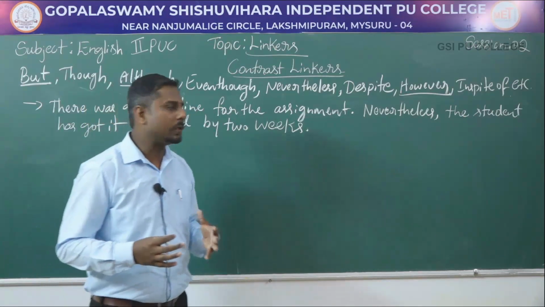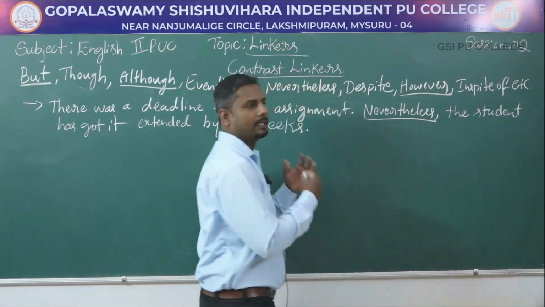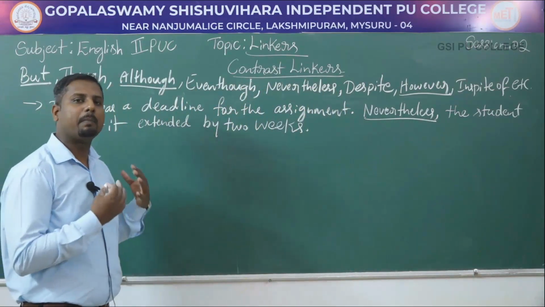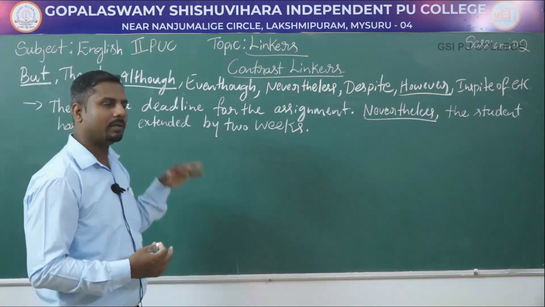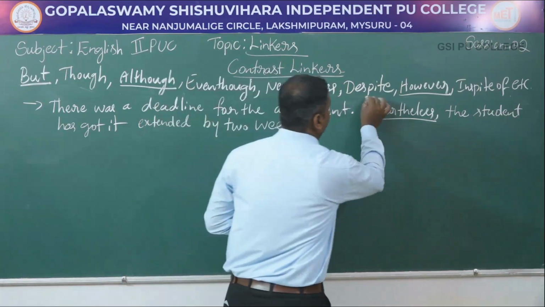As I already told you, here the linking word nevertheless is introducing a clause that contrasts what has already been mentioned in this sentence, that is, there was a deadline for the assignment. So here the linking word is nevertheless.